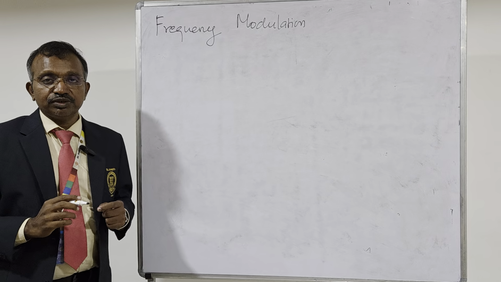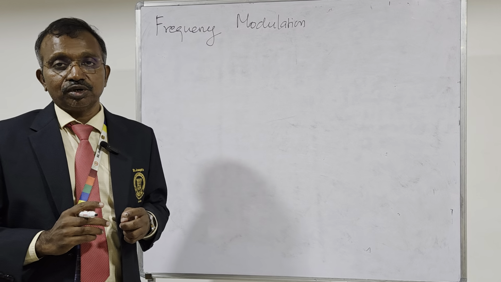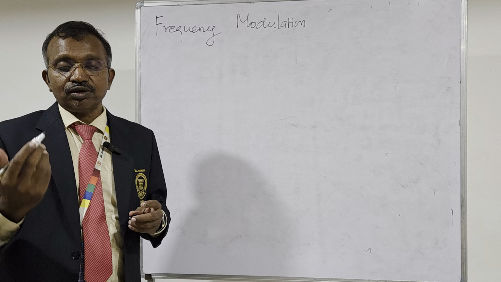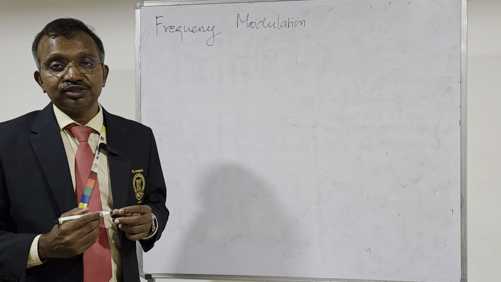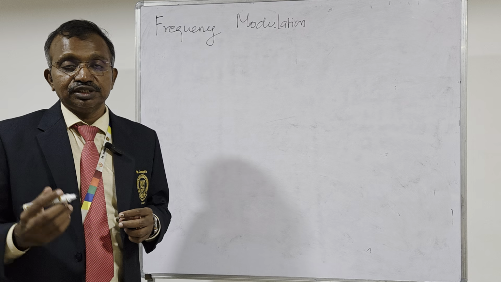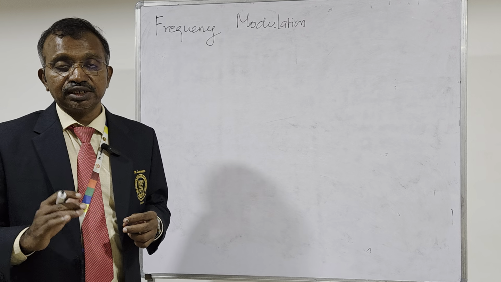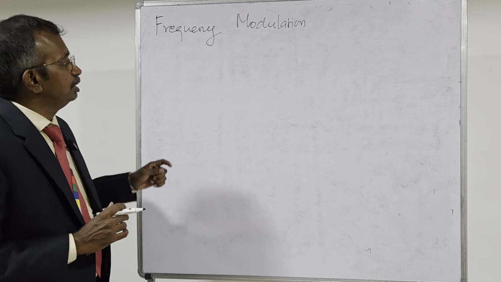In the case of frequency modulation, this is a form of analog modulation scheme. In analog modulation schemes, the carrier is an analog signal. The carrier will be a sinusoidal wave or any form of continuous wave.